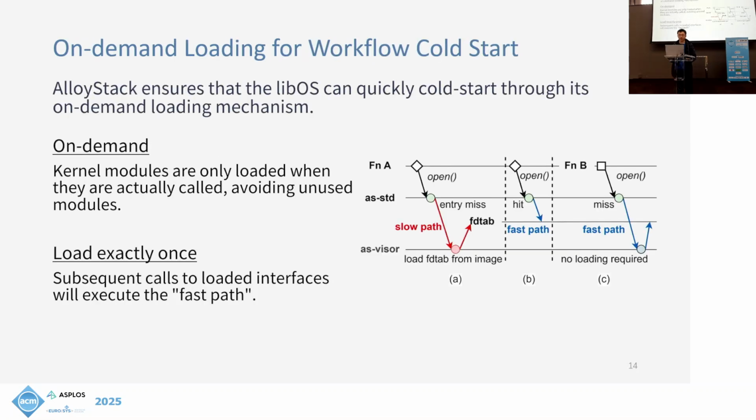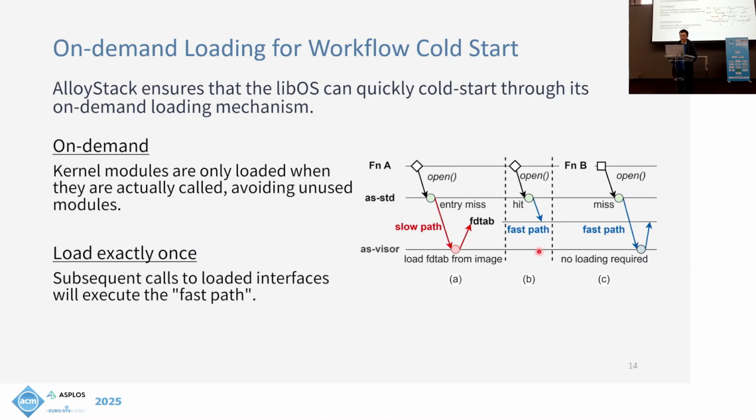The right figure shows the loading process when function A calls the open interface multiple times. Initially, no modules are loaded. When it needs to call the open function, it first passes through the interface provided by ASSTD, and it emits an entry miss, and it tells the ASVisor to load the FT tab from the image.